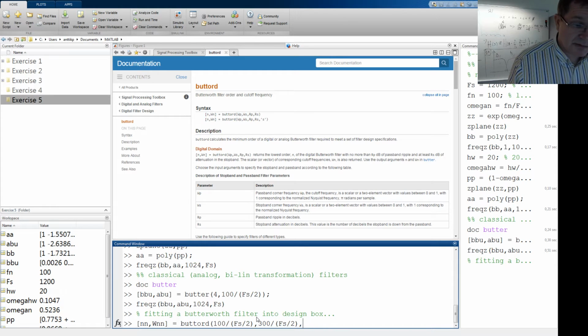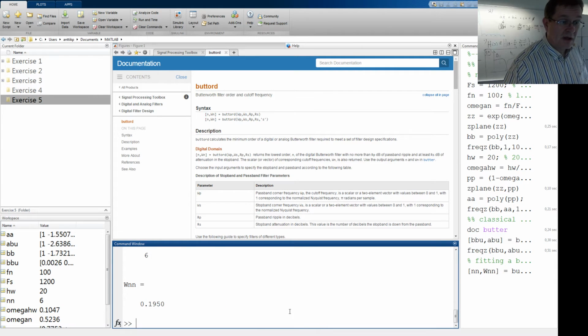Decibels, 3 dB in here, and stop band attenuation, for example, 60 dB. Sixth order, and then that's the design cutoff frequency for that one.